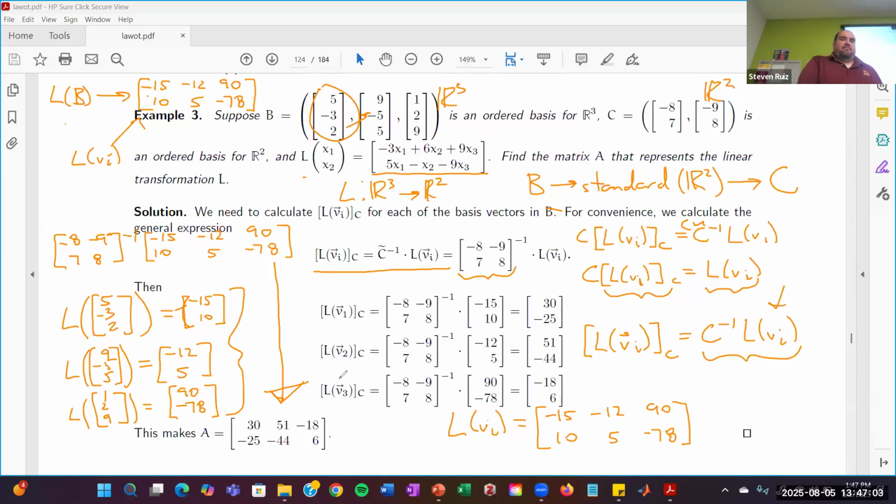So the goal is just to bridge the gap between the two. Yeah, absolutely. Convenience. Right. And the most convenient way to bridge that gap is, okay, B is something you never think in. C is a thing you never think in. Because why would you? They're just random things we came up with. So that's why the standard basis is a good middle ground to make translations to and from.